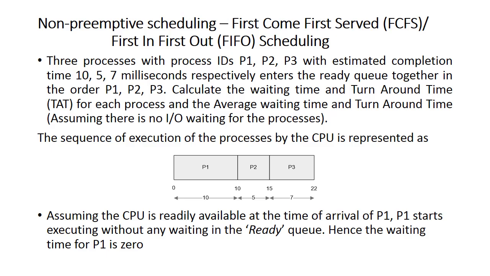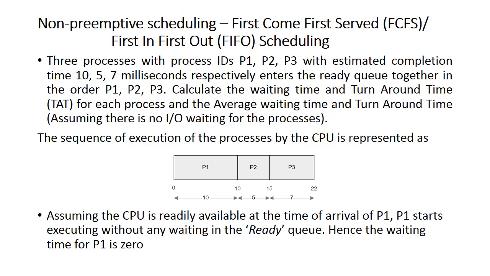Then the waiting time for P2 will be 10 milliseconds because it has to wait till the process P1 gets executed. Waiting time for process P3 will be 10 plus 5, 15 milliseconds.